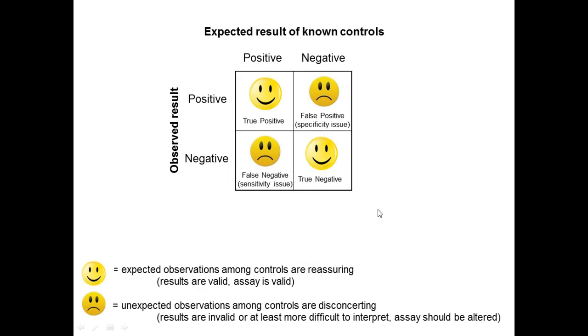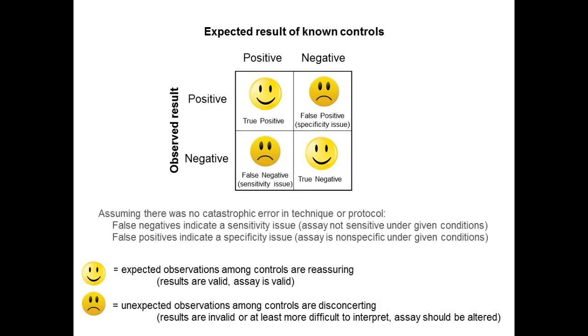So your book, unfortunately, has a potential typo when it comes to talking about false positive and false negative results. Assuming we haven't made any huge mistakes, false negatives usually indicate a sensitivity issue with your assay. False positives usually indicate a specificity problem.